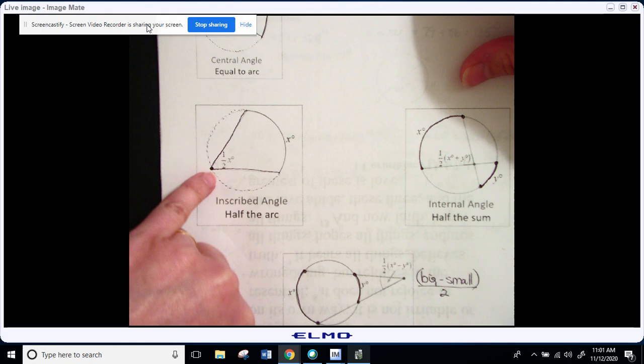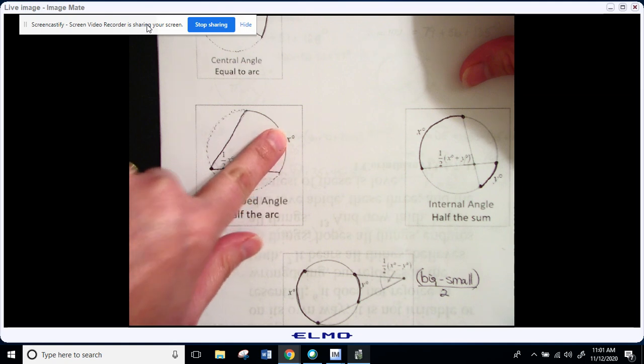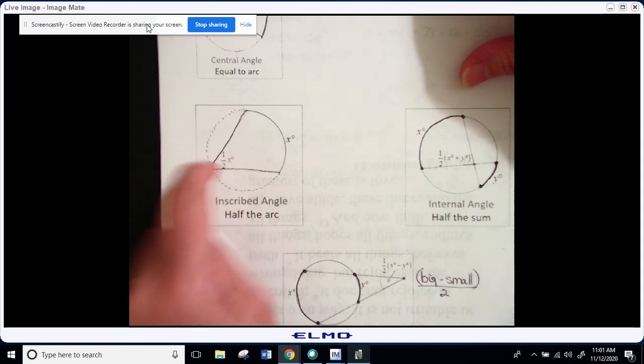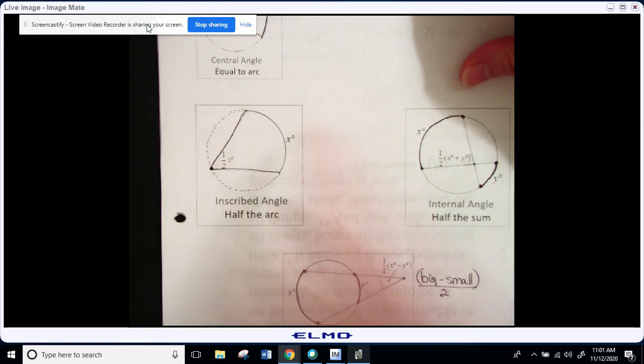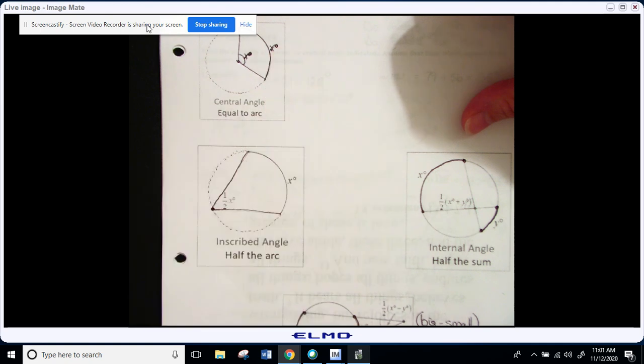So if I know whatever this arc is out here, then half of that arc is going to be equal to this angle formed inside here. Or if you know what the angle is, then you would double that to get back out to the arc. Okay, so central angles equal your arcs.